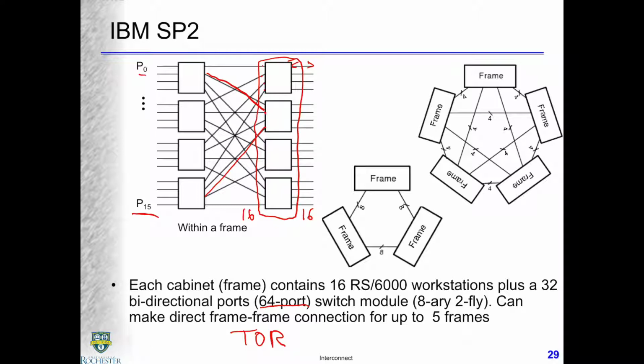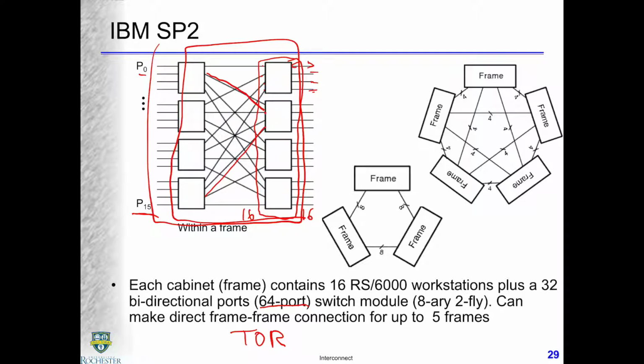This leaves a couple of wires or channels hanging for the frame. So if you take a frame's perspective, you get 16 bidirectional links going out. That allows you to make all-to-all connection in a small case.